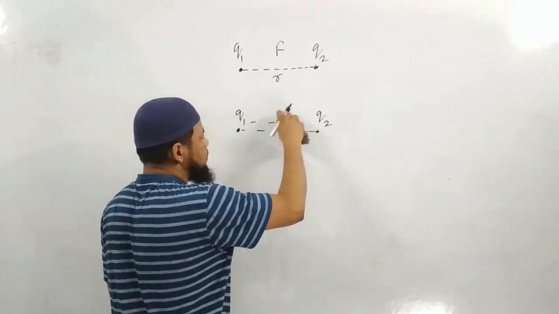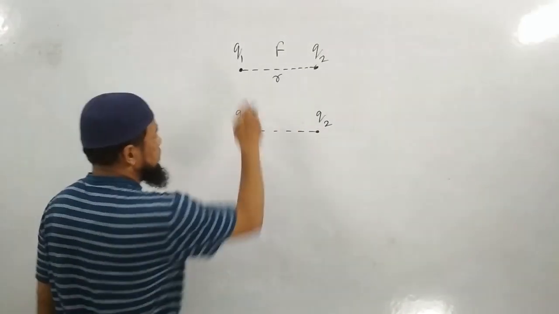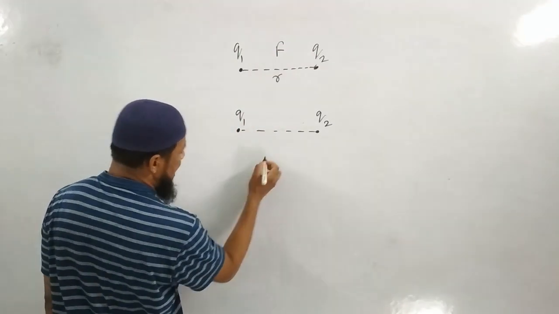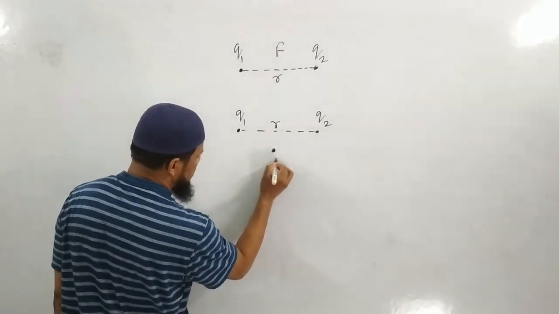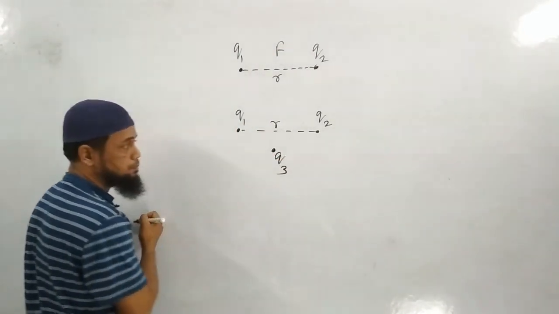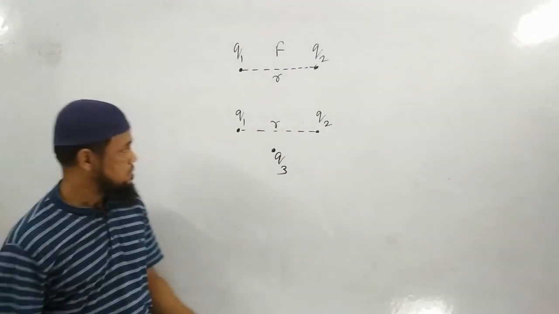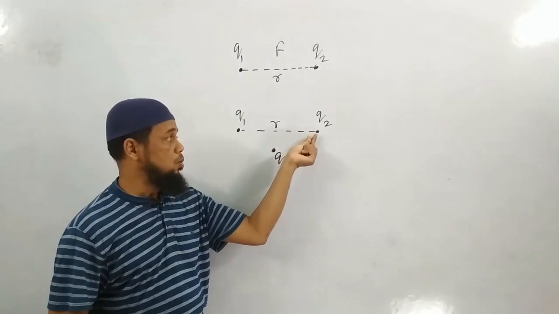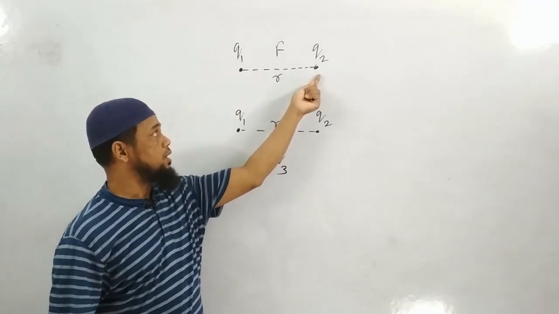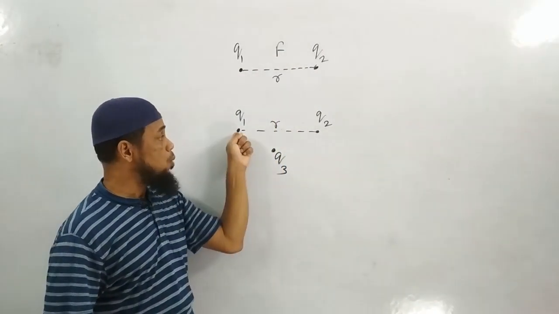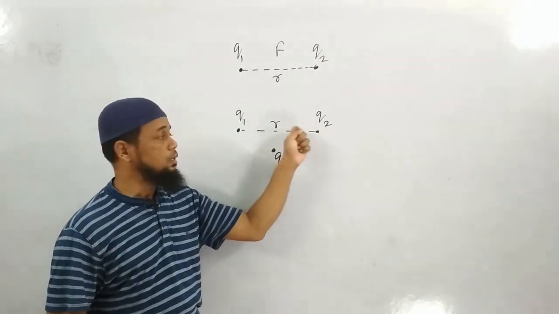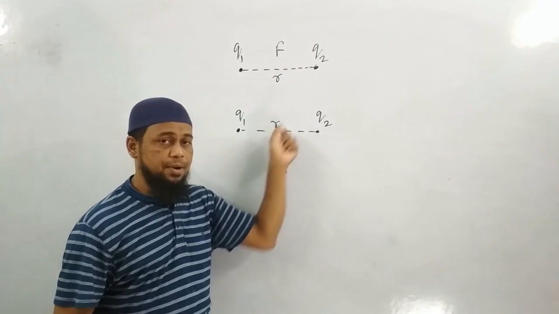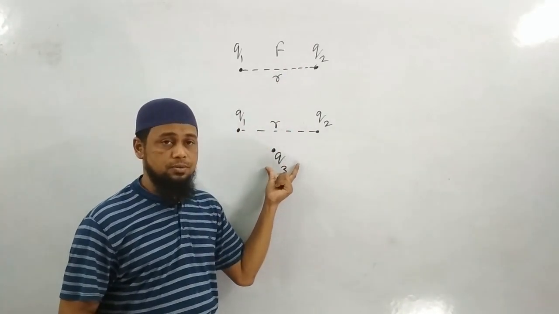Now, another point. These are the two charges, and the force between them is F. I am bringing a third charge, Q3. What will happen to the force between the two charges now? Initially the force between Q1 and Q2 is F. Will it become more than F or less than F in the presence of a third charge?